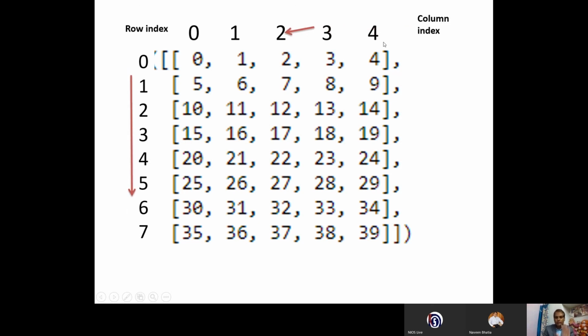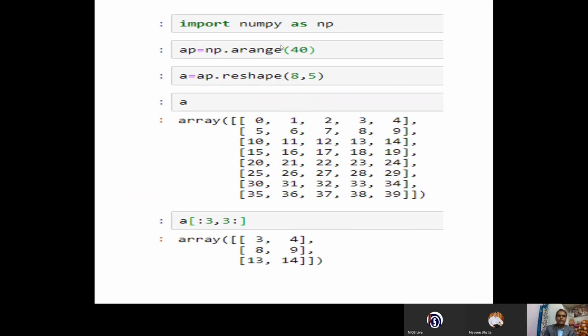Is it clear? Right. Now, what type of question will come in exam, that we have to see. For example, this is the question. They will give you this question. This is the array we have created. Then they have given 3, 3. Do you understand this thing? Starting point is not there, means we have to start from index number 0.